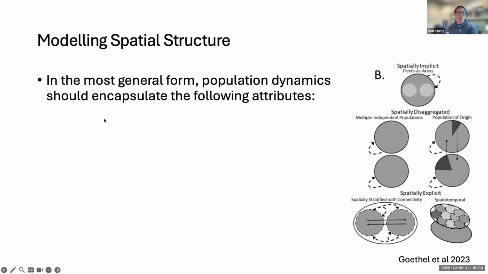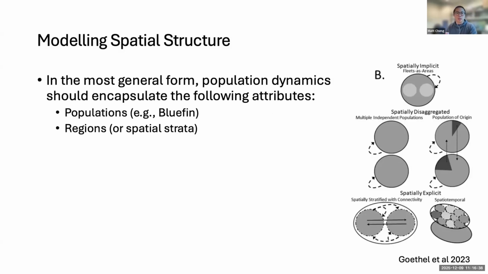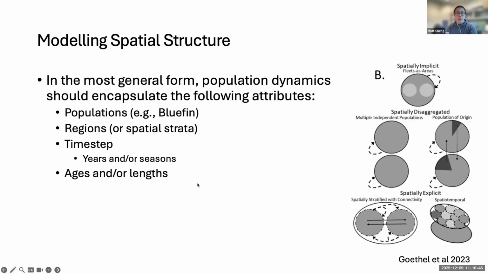But I think in the most general form, most of our population dynamics should try to incorporate different populations as well as different regions and different time steps, so yearly or quarterly or seasons, ages and or lengths, as well as sexes.